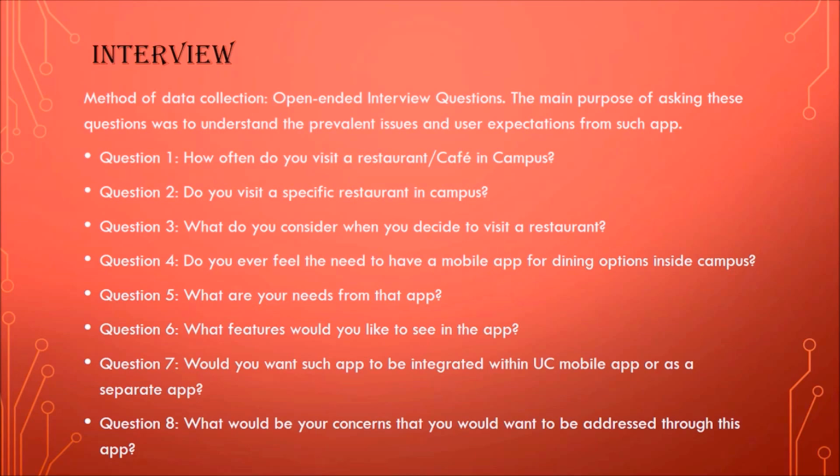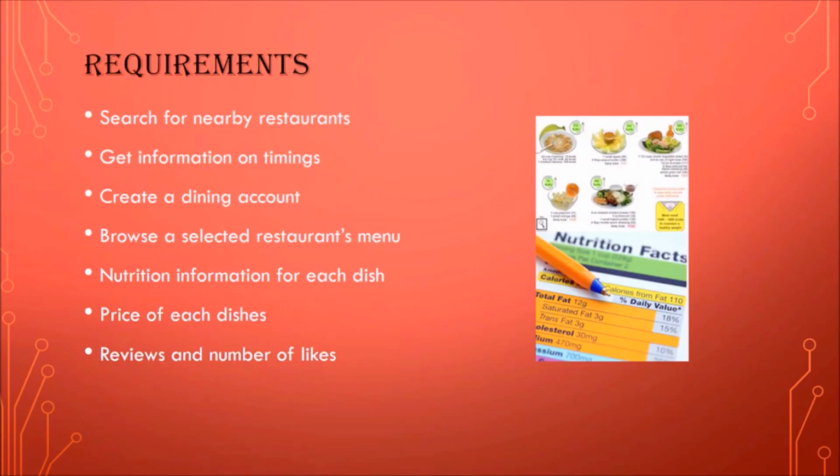On the basis of the responses we got from these participants, we came up with a list of the following functional requirements. We identified them as search for nearby restaurants, get information on timings, create a dining account, browse a selected restaurant's menu, nutrition information for each dish, price of each dish, and reviews and number of likes.